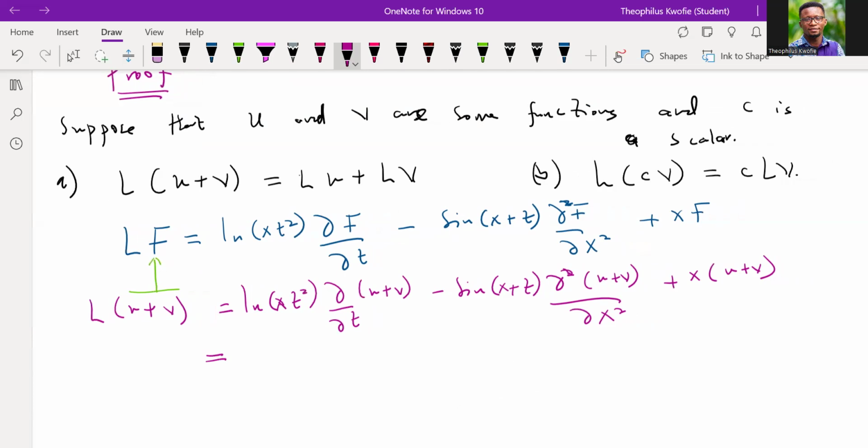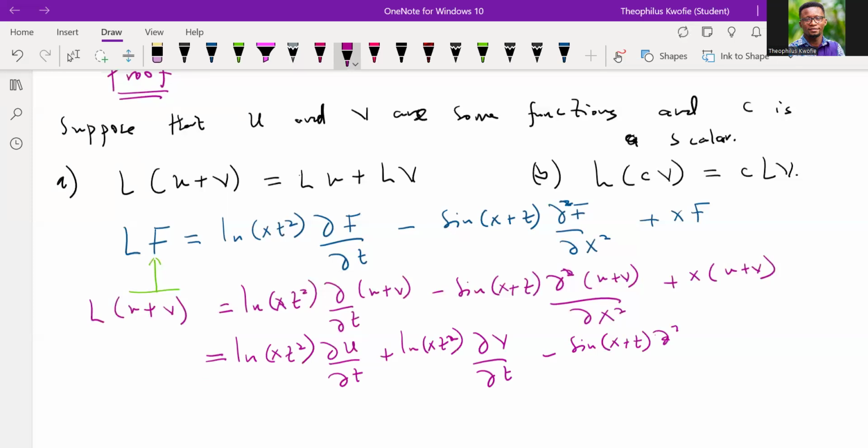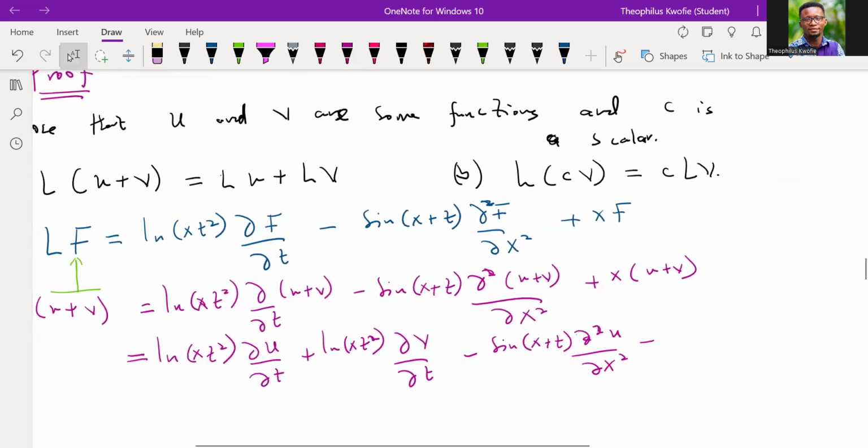By doing the distribution, we should have ln of x multiplying t squared, then the partial of u with respect to t, plus ln of x multiplying t squared times the partial of v with respect to t, minus the sine of x plus t times the second partial of u with respect to x, minus sine of x plus t multiplying the second partial of v with respect to x.